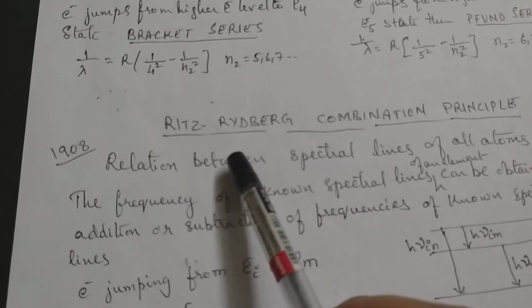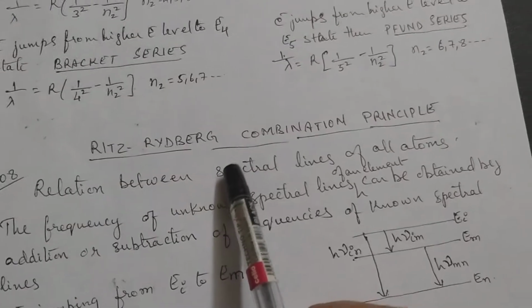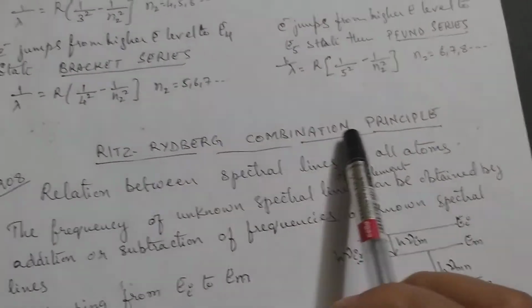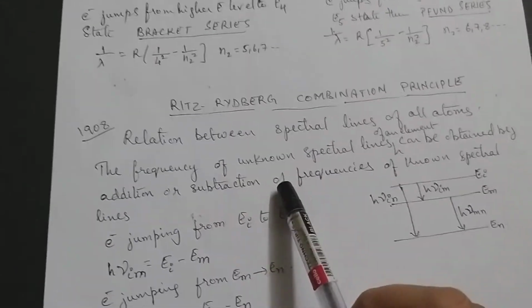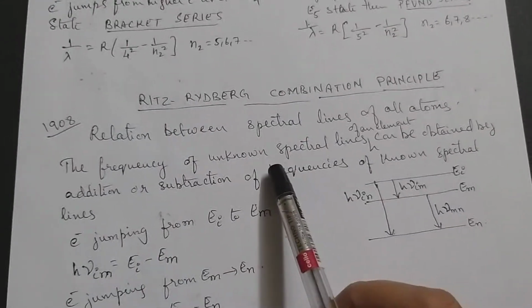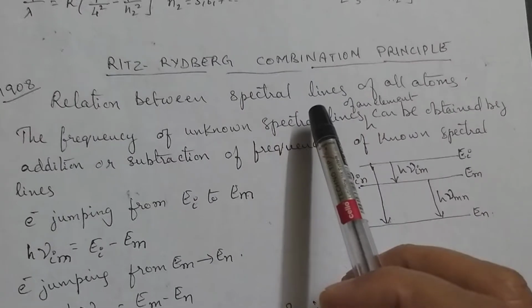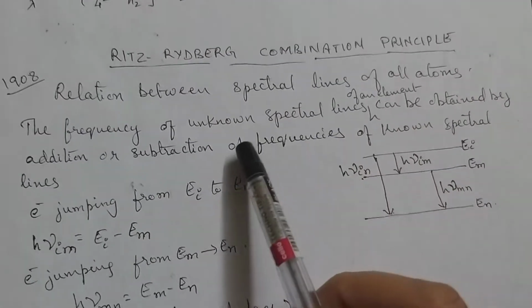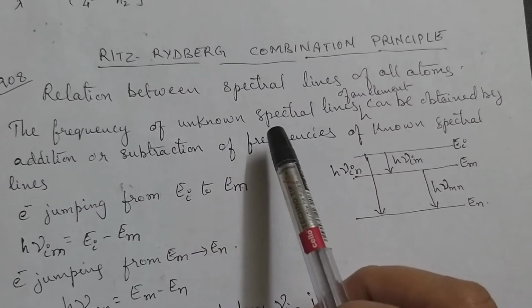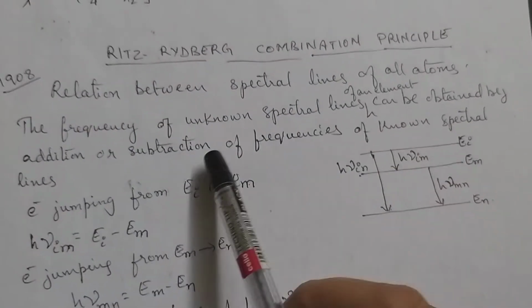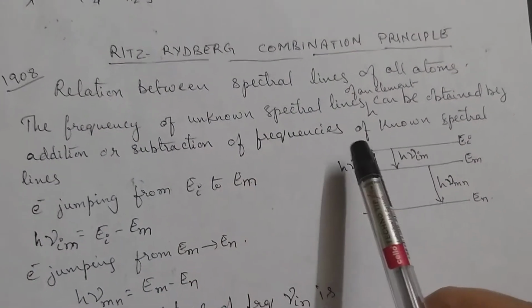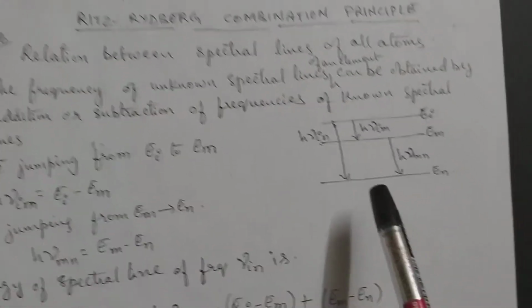Now we have another formula, the Rydberg combination principle, after the scientists Ritz and Rydberg. This relation is a relation between spectral lines of all atoms. The frequency of unknown spectral lines of an element can be obtained by addition or subtraction of frequencies of known spectral lines.